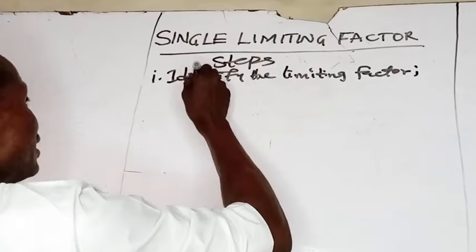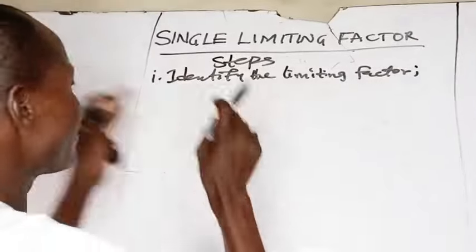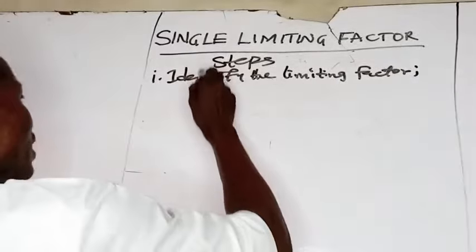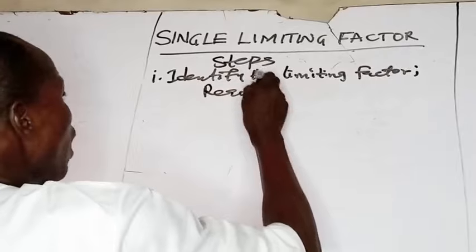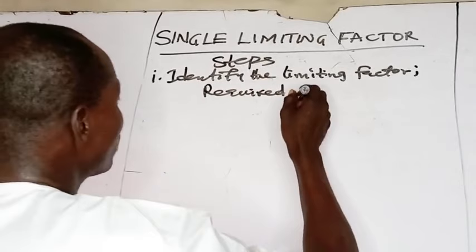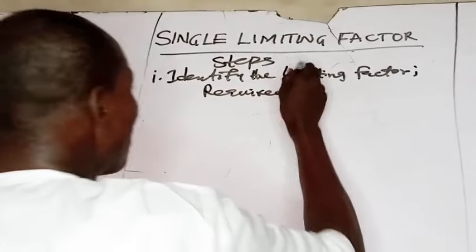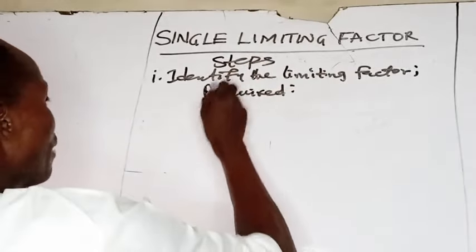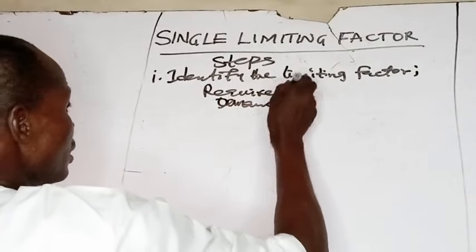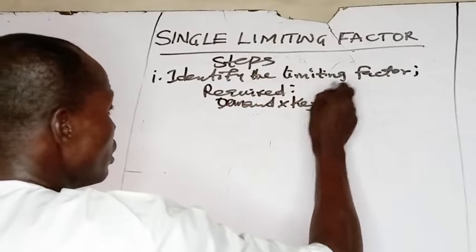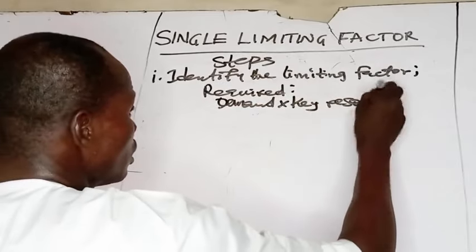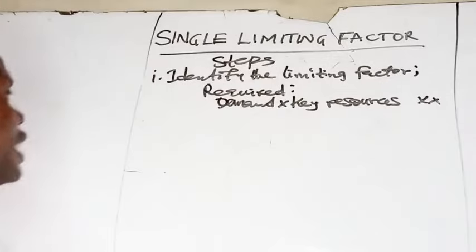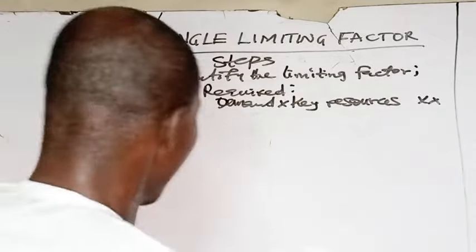You calculate the amount required of the key resources. To calculate the amount required, you have your demand times key resources. This will give you the amount of the key resources required.